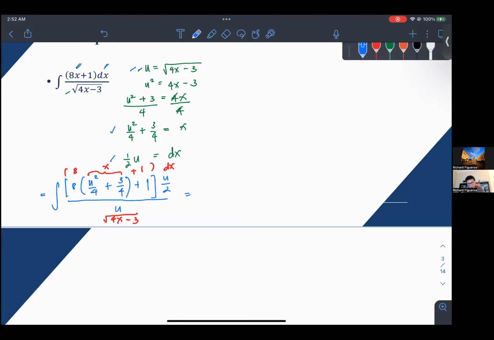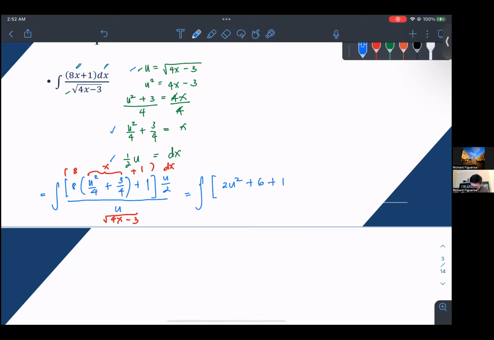So now that we have that, we just simply simplify this one, right? So integral of 8 times u squared over 4. 8 divides 4, that is 2u squared. And then 8 times 3 over 4, so 8 divides 4 is 2, times 3, that would be plus 6.